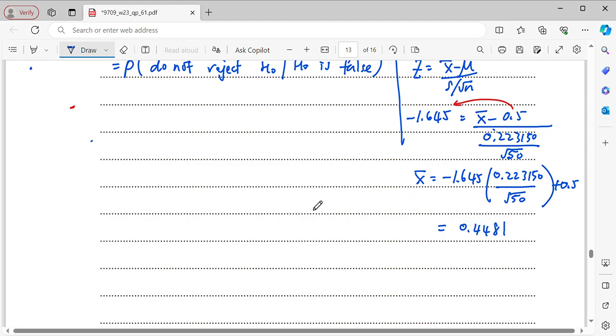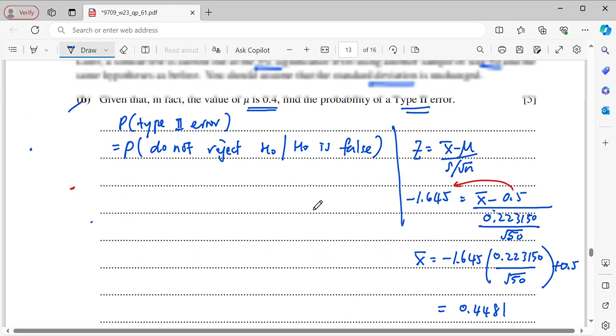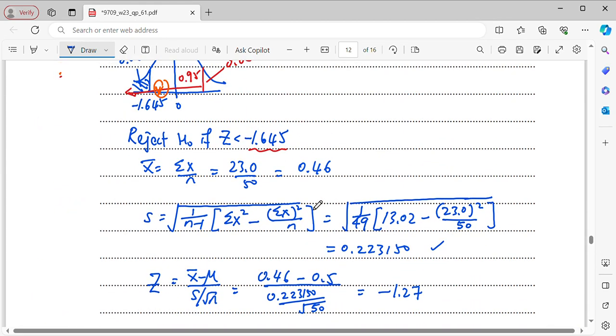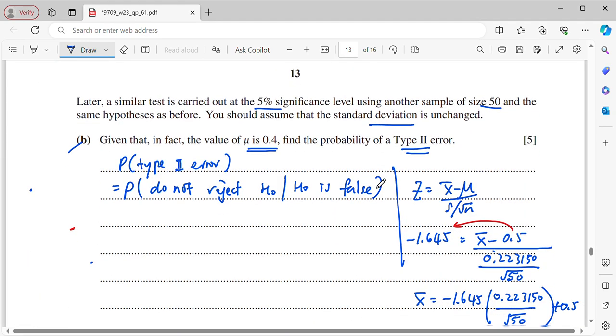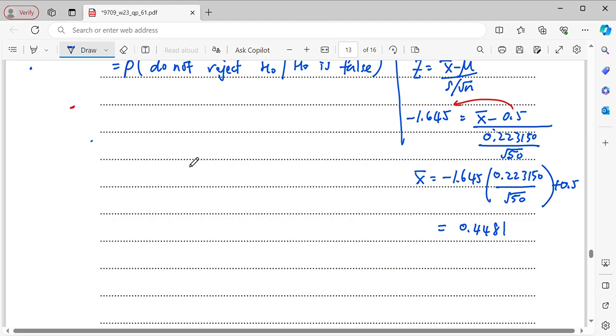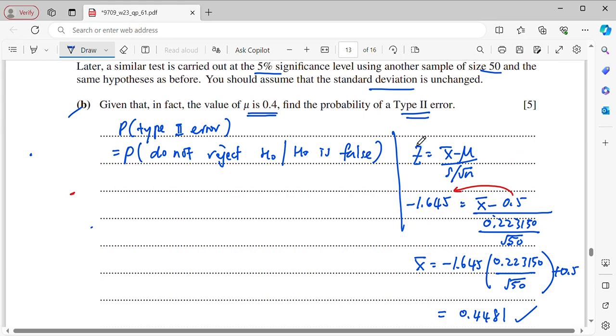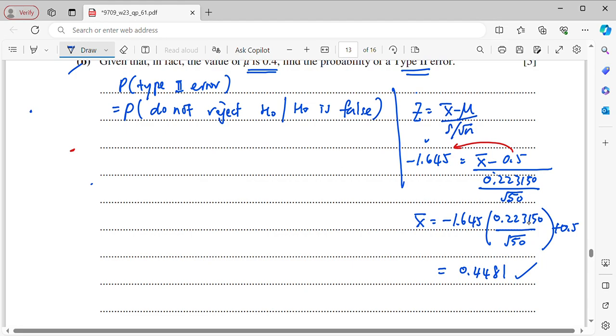Okay, so now when you go back to the previous rejection criteria, when the Z is less than negative 1.645, we reject H0. And the X bar that gives you this negative 1.645 is 0.4481, and now we do not reject H0, which means your X bar must be greater than this value so that your Z will be greater than negative 1.645.